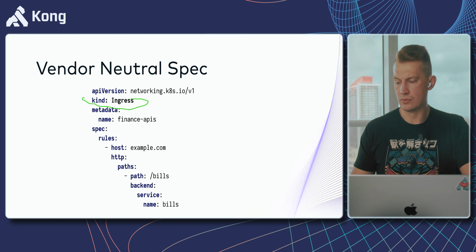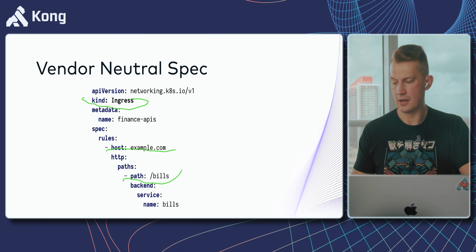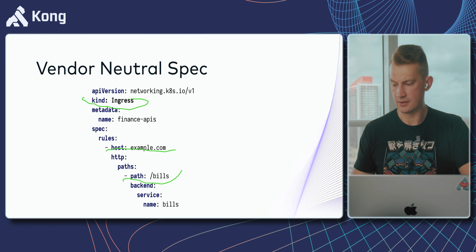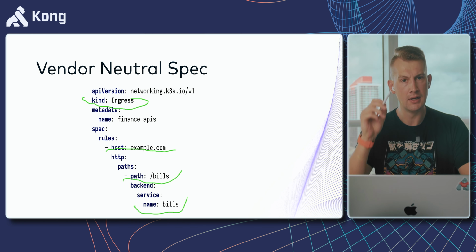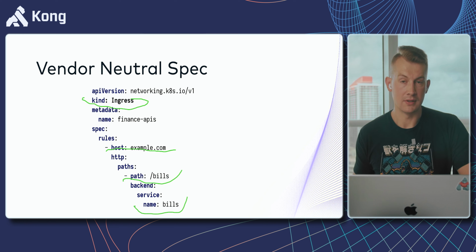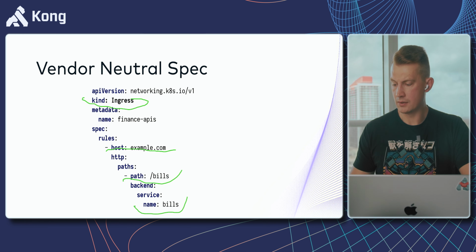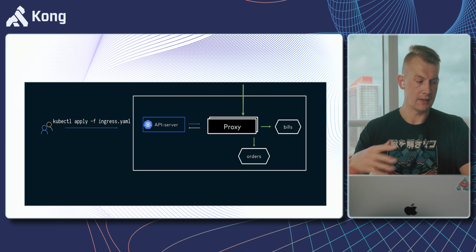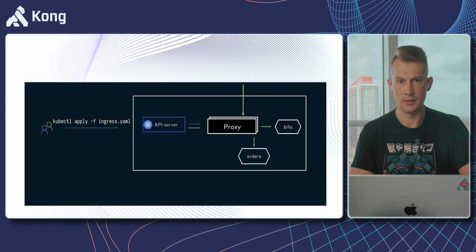And based on certain rules, either a header like host, or a particular path, we will route the request to a particular service, in this case bills. So every time we go to example.com/bills, the traffic will go to this service. Underneath this Ingress there's some sort of proxy server that sits there, but you don't see it in the Ingress.